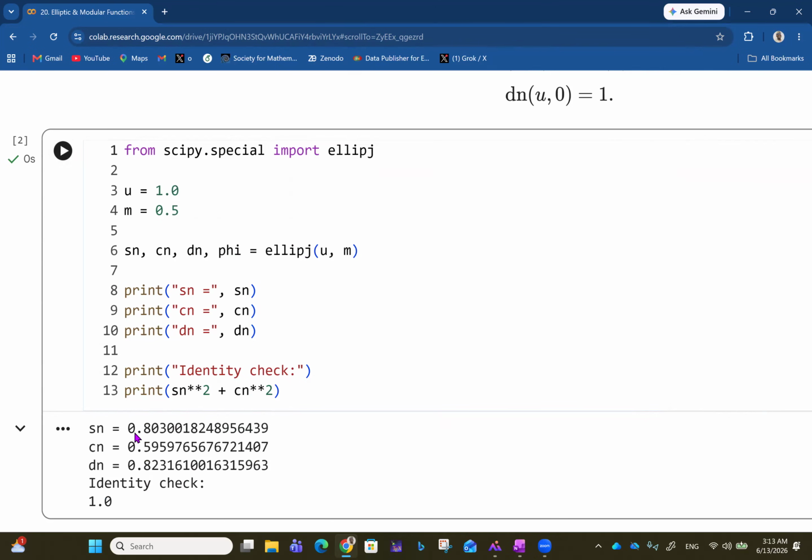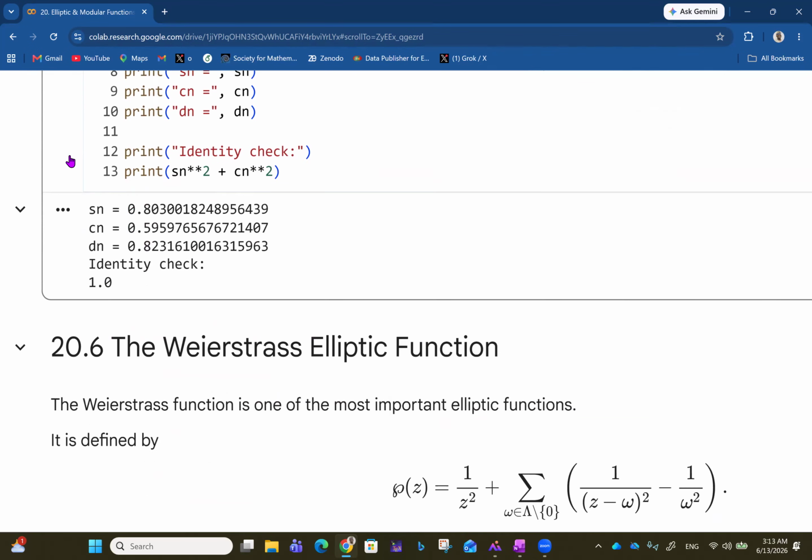Sn is 0.80 and so on, Cn is 0.59, Dn is 0.82. The identity check is that when you add Cn squared plus Sn squared, as expected, you get 1.0.